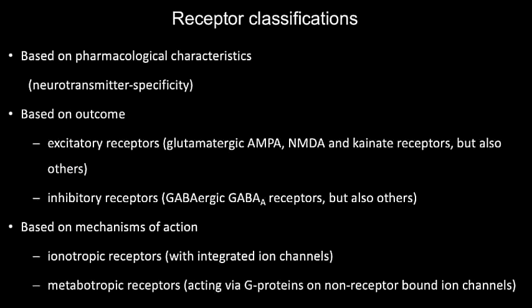Receptor classification. Based on pharmacological characteristics, receptors are classified by the neurotransmitter which binds to this receptor. This would be a pharmacological classification. But also other classifications are possible, for instance, one based on outcome. The receptors can be excitatory or inhibitory. In this respect, receptors are very, very clear.